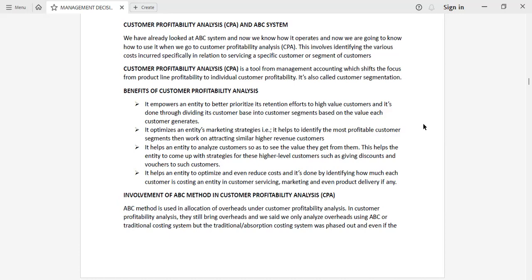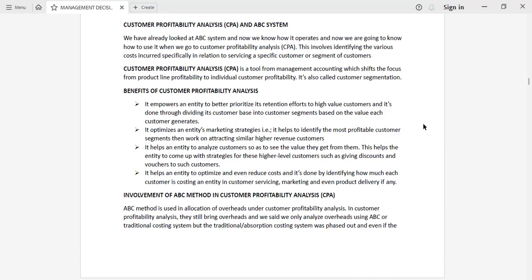If they see that they have done all they could to make sure that this branch is performing well, but it doesn't actually perform, you find that they close it. So there are so many other things they base on, but this can also be used to analyze the performance of such customers to the organization.